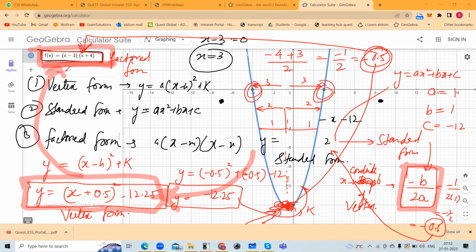You can plug in -0.5 minus 3 times -0.5 plus 4. It'll again be -12.25. So whether you use the factored form or the standard form, you can calculate the vertex in both ways.